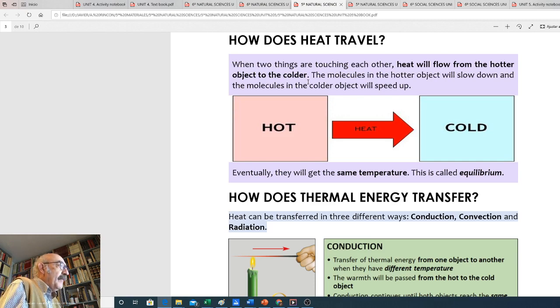So you have there this diagram. So hot, an object that is hot, and here on your right hand, an object that is cold, and heat travels from the hotter to the colder, from the hot object to the cold object. Okay, and eventually, at the end, they will get the same temperature, and this is called equilibrium.